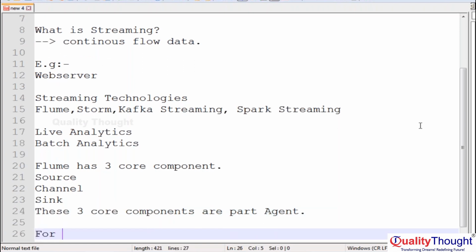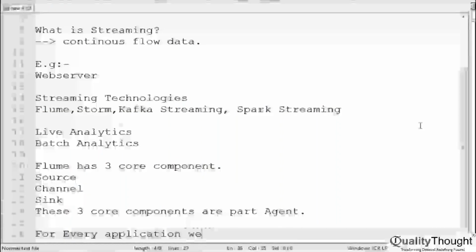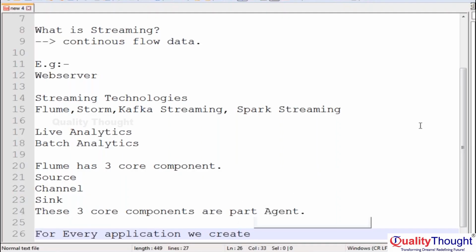For every application, we create one agent or multiple agents.